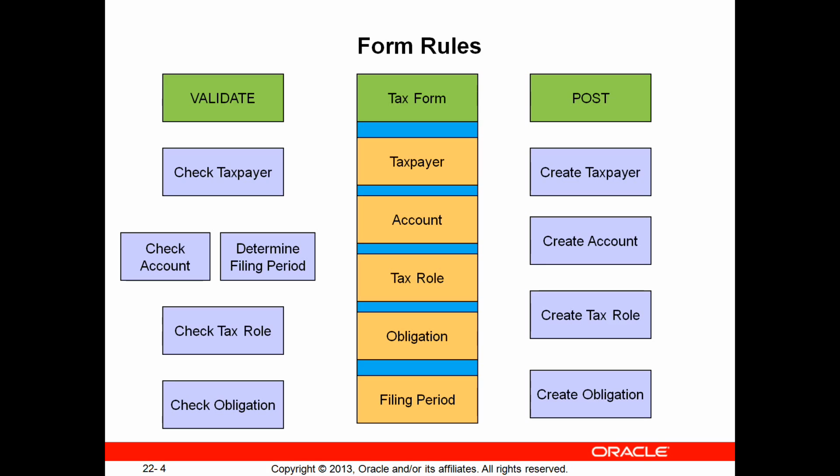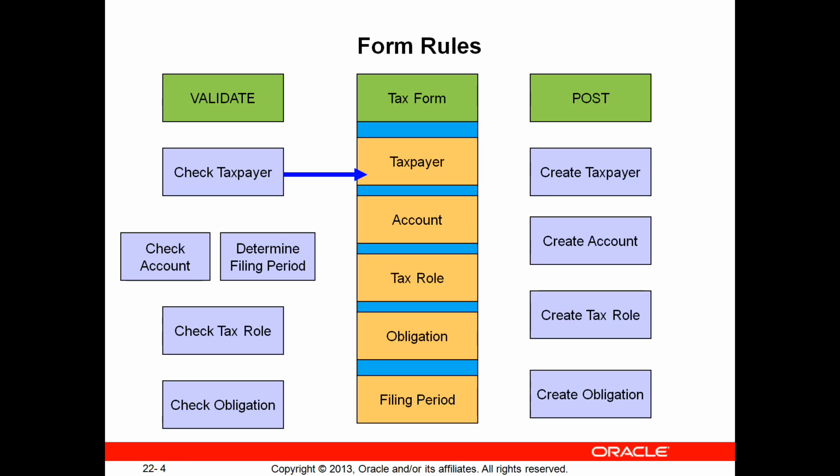In the middle, these are the place where, based upon the validate form rules, the particular entity IDs are going to be placed. They're going to be added to the actual tax form, and then they're going to be used throughout. And then on the right hand side under post, we see the different post form rules, and let me just show you how it works.